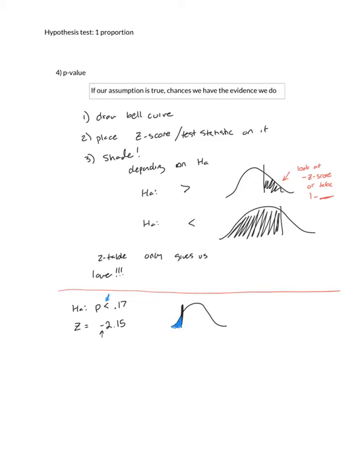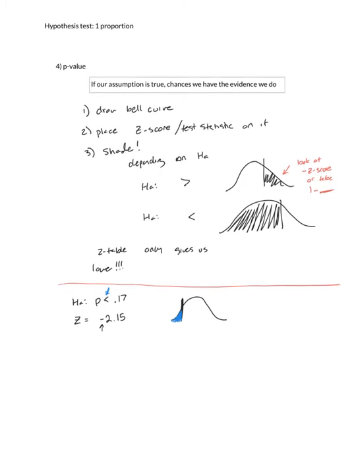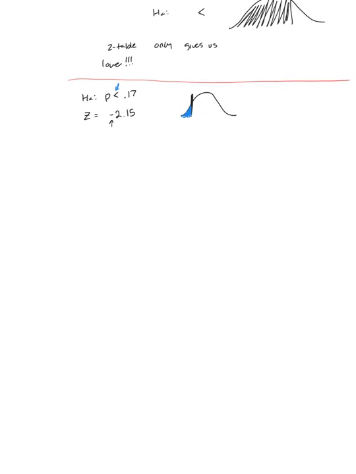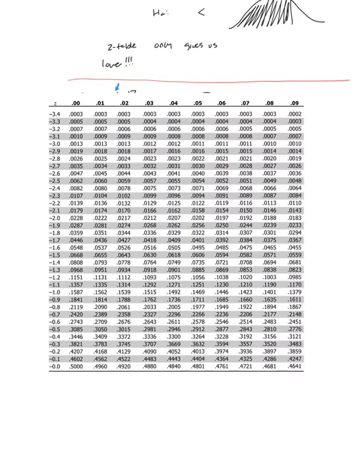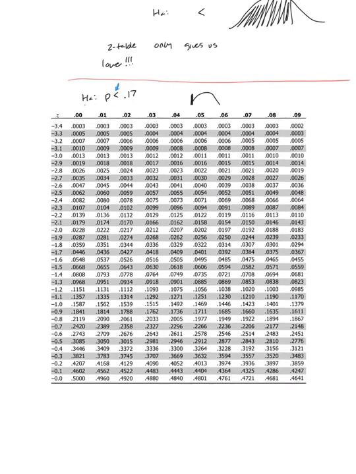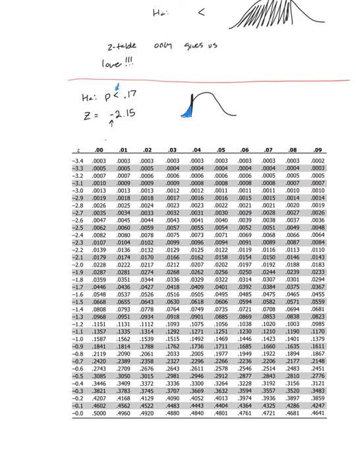The next thing I need to do is go to my z-table. So let's move down a little bit and put it in here. Moving my z-table down here, I need to realize, first of all, that because I'm looking for a left end tail, I could just use my z-table as is. I go to the negative side of my z-table and try to find my z-score on the table.